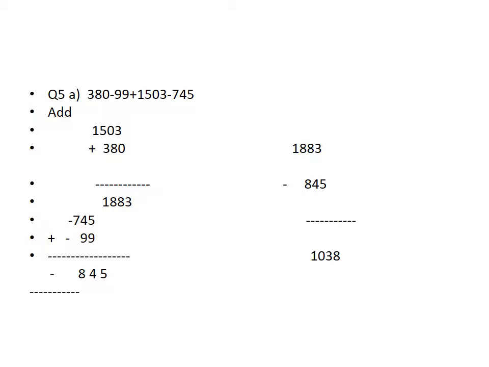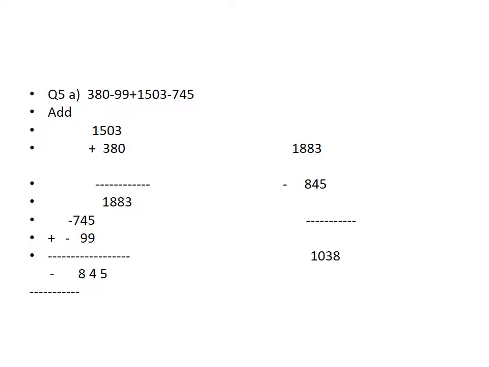Question number 5, A part. 380 minus 99 plus 1503 minus 745. First add 1503 and 380. Answer is 1883. And add 745 and 99.